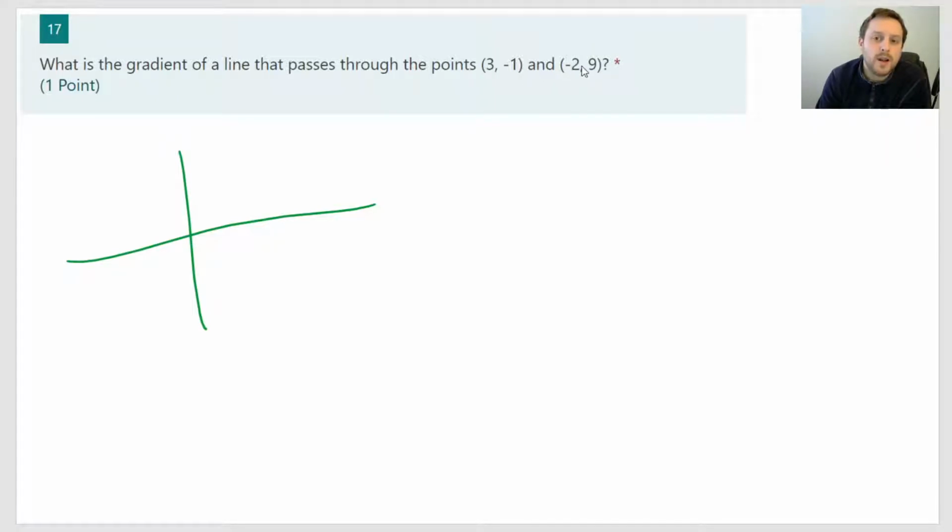So we'll be starting at -2, 9. So -2, 9 is there. And then 3, -1 is there. And the question is what's this gradient?